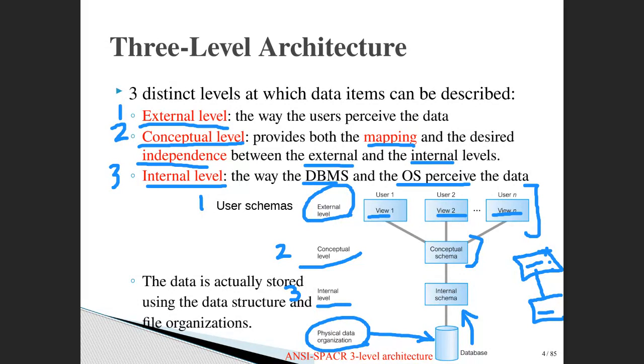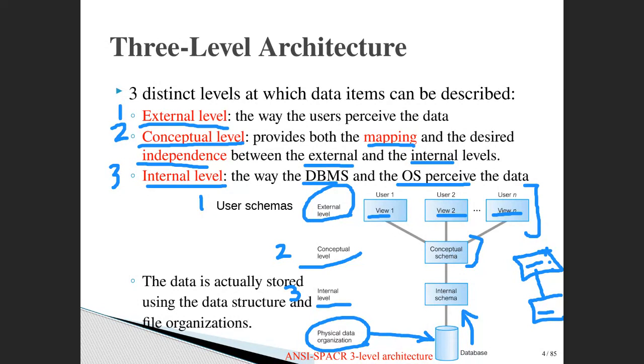Then comes the internal level, which is focusing on how the data is being stored in the database, or how the data will be represented, considering the physical representation. And the data will be stored here with all physical data along with the system catalog. So this is the ANSI-SPARC three-level architecture. Got the point? Do you have any questions so far about this before we go through more discussions or more details?